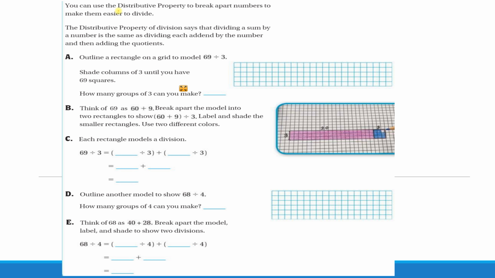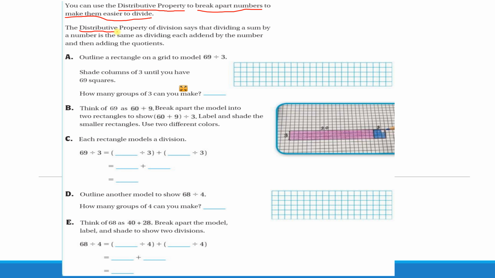Okay, you can use the distributive property to break apart numbers to make them easier to divide. Now, we did this with multiplication as well, and the same thing applies to division. We can break those larger numbers up into numbers that are easier for us to divide to get an exact answer. So let's read on.